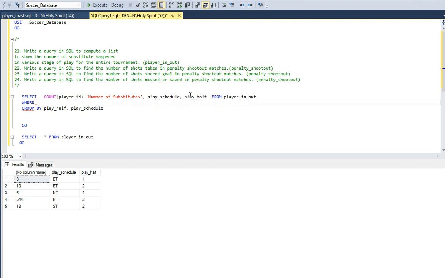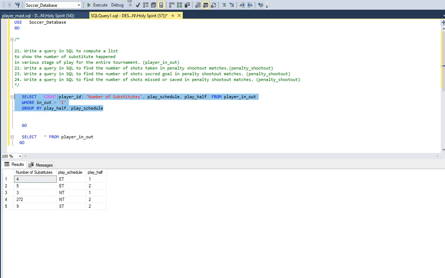Where in-out is equal to in. We're not counting everyone, isn't it? If I take player ID, one player ID is repeated 2 times sometimes because he might be in and out. So in, out we have to take. They are the substitutes who are coming in. Those are the ones we are calculating. So here we go. Number of substitutes, this thing. Right.